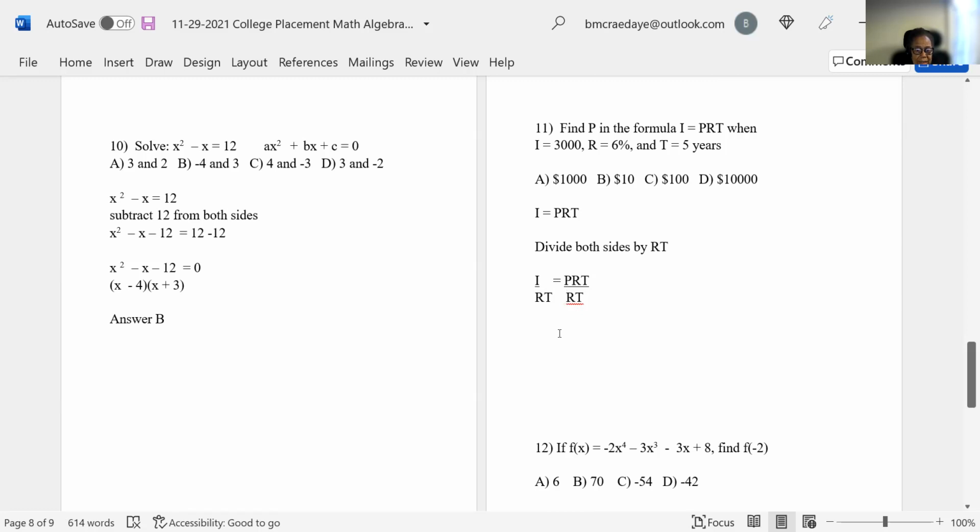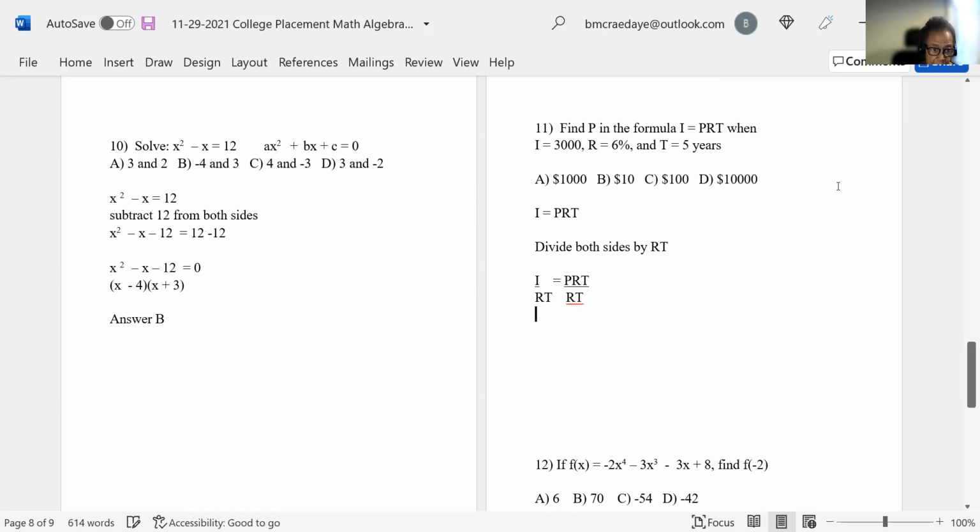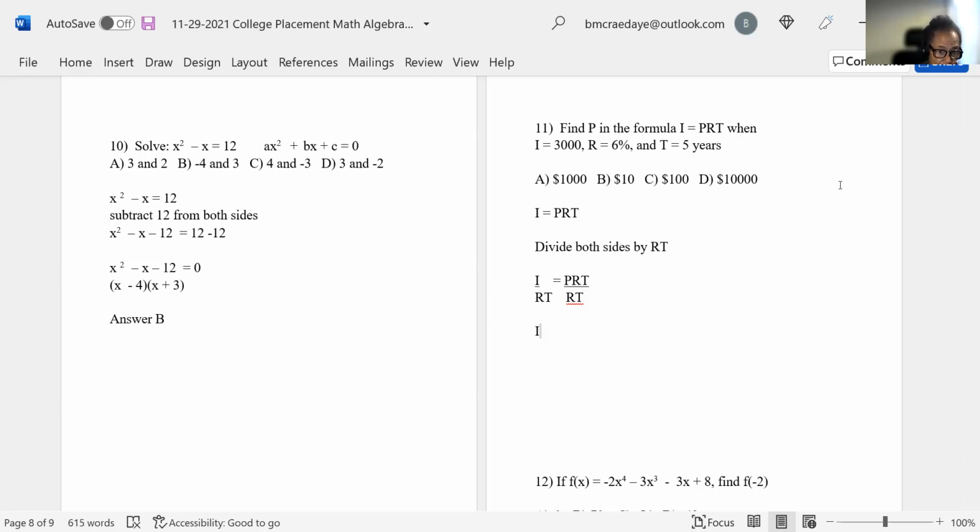So on the right side, I'll just have P. So this would be then P, I over RT equals P. So let's put our RT underneath the I.